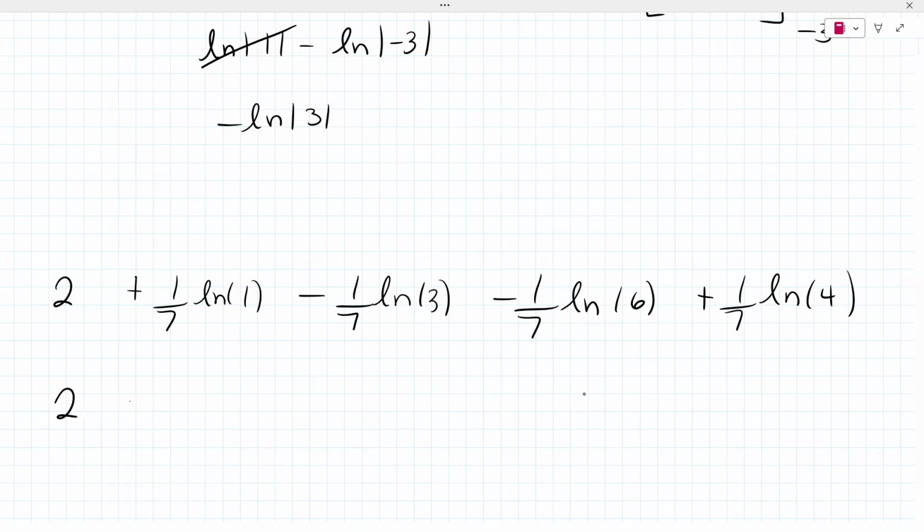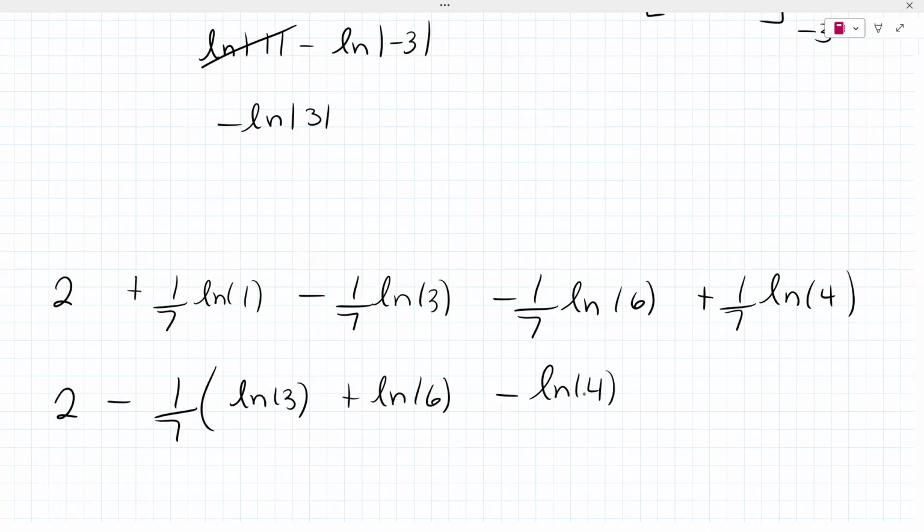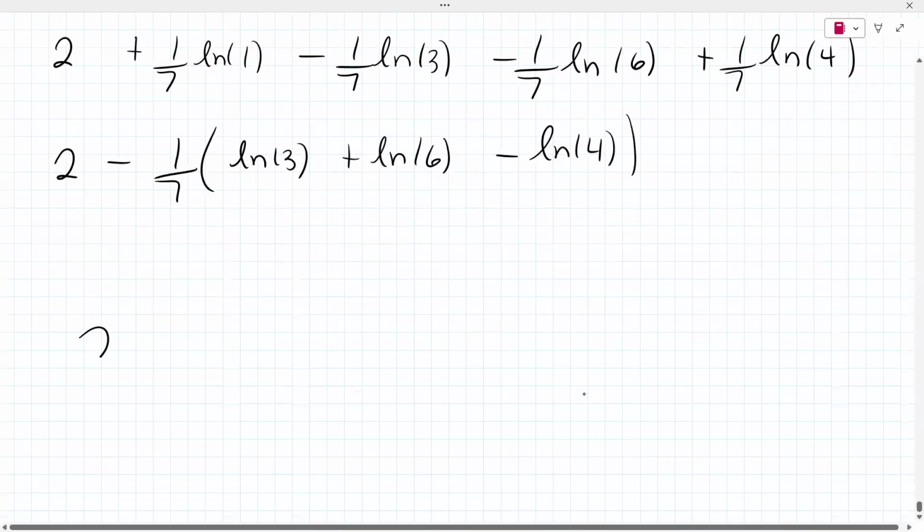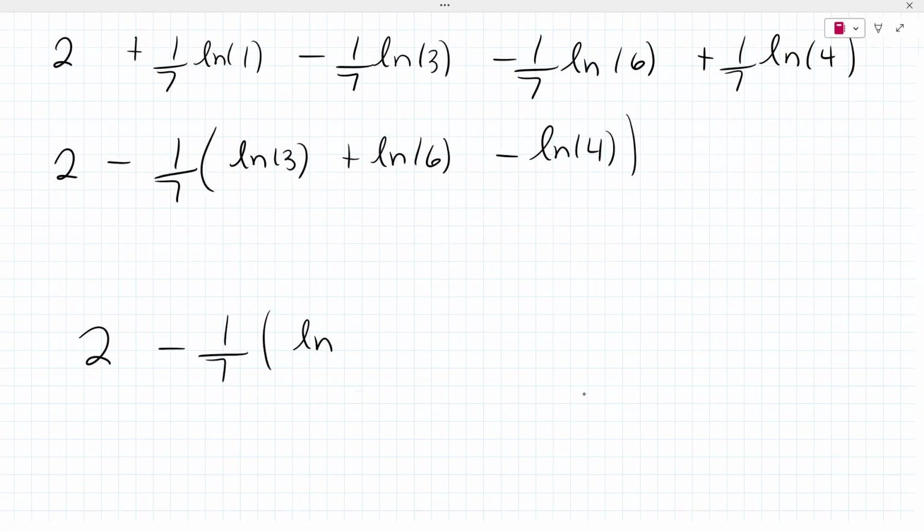You get 2 minus 1/7 of ln of 3 plus ln of 6 minus ln of 4. And you get 2 minus 1/7 ln of 18, because when you're multiplying, you're adding, right? Minus ln of 4.